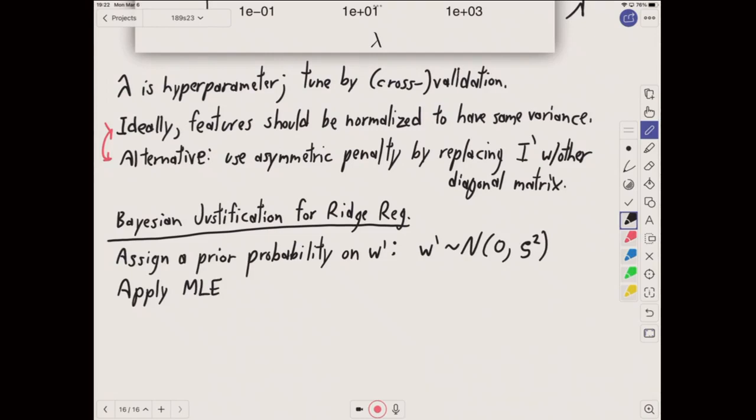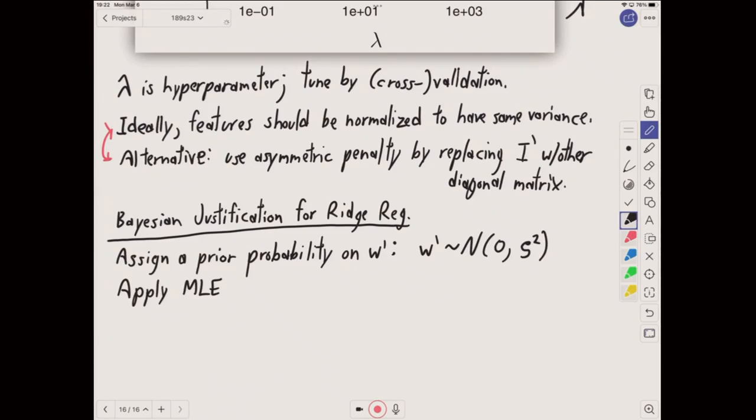You'll remember last lecture, lecture 12, we used MLE to explain why, if you have normally distributed noise in your labels, it makes sense to do least squares regression. Now I'm going to repeat that.